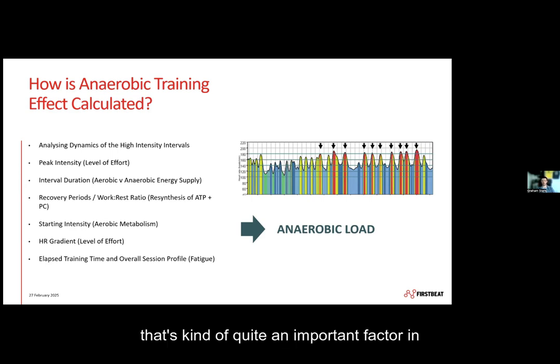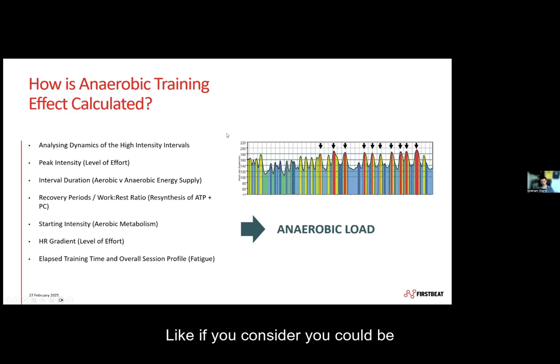That's quite an important factor, particularly later in the session, as to whether you can actually be working anaerobically or not. It also factors in the starting intensity of the activity, and then also the heart rate gradient, so how quickly the heart rate increases, because this again is likely to indicate whether the body's working aerobically or anaerobically.